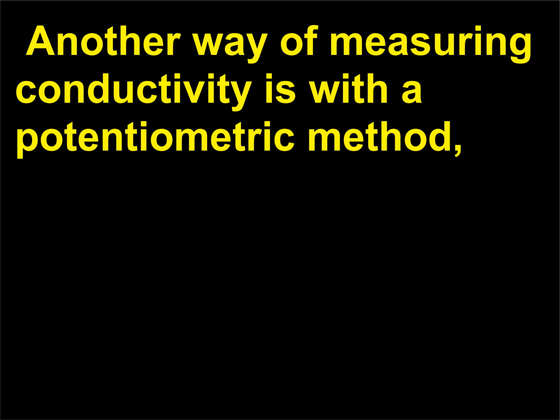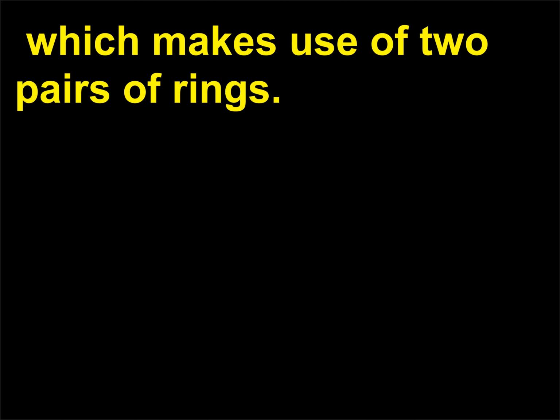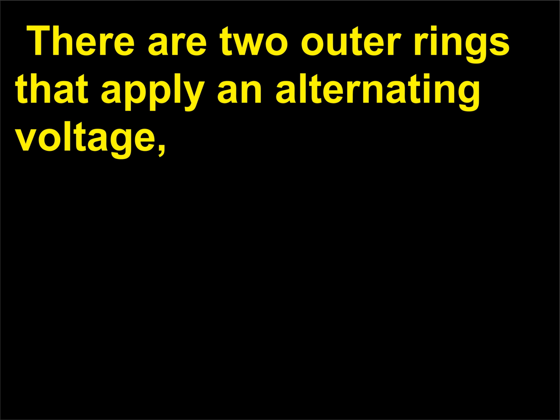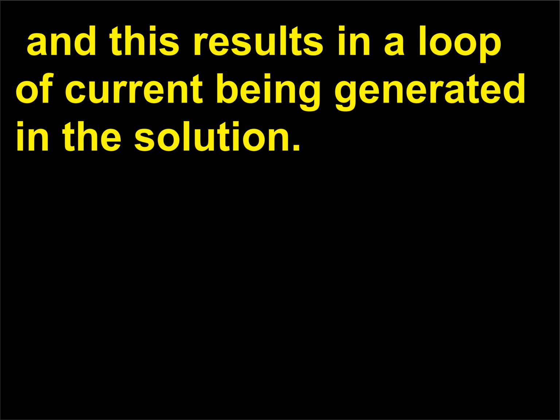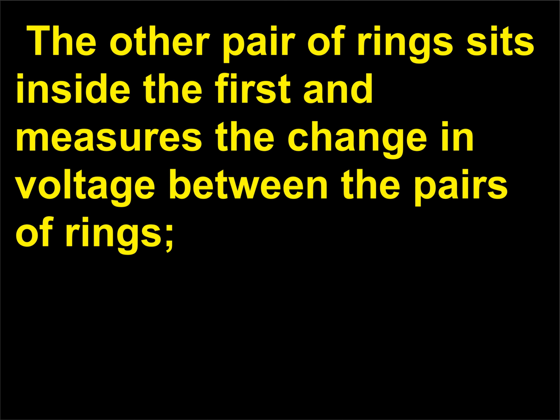Another way of measuring conductivity is with a potentiometric method, which makes use of two pairs of rings. There are two outer rings that apply an alternating voltage, and this results in a loop of current being generated in the solution. The other pair of rings sits inside the first and measures the change in voltage between the pairs of rings.